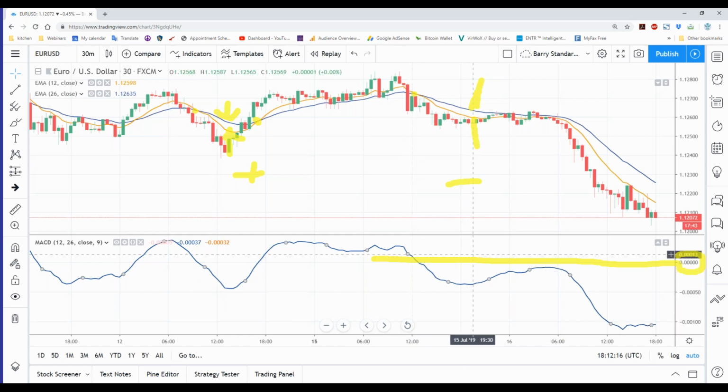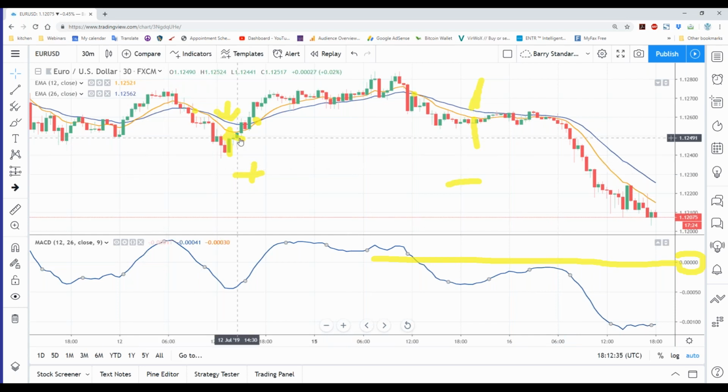When it falls below the zero line, you're usually moving in a downtrend, and your shorter moving average is less than your longer moving average. And you can see how it moves almost with price, not exactly the same, but almost with price.